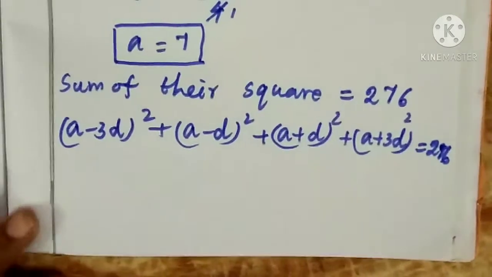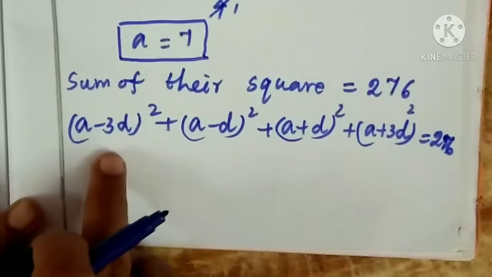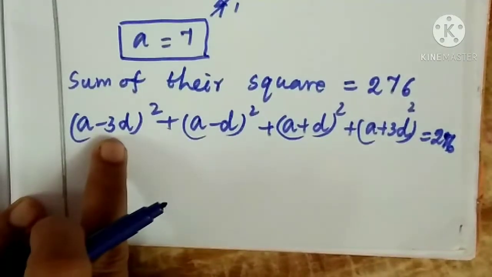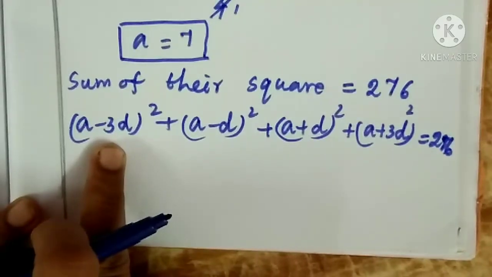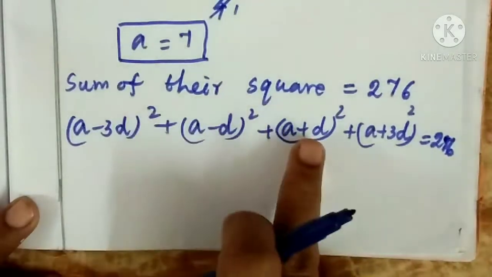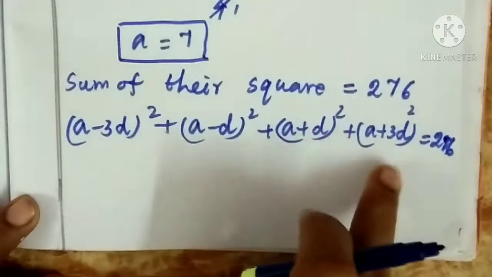Now you have to simplify this by using the identities: a minus b the whole squared is equal to a squared minus 2ab plus b squared, and a plus b the whole squared is equal to a squared plus 2ab plus b squared.